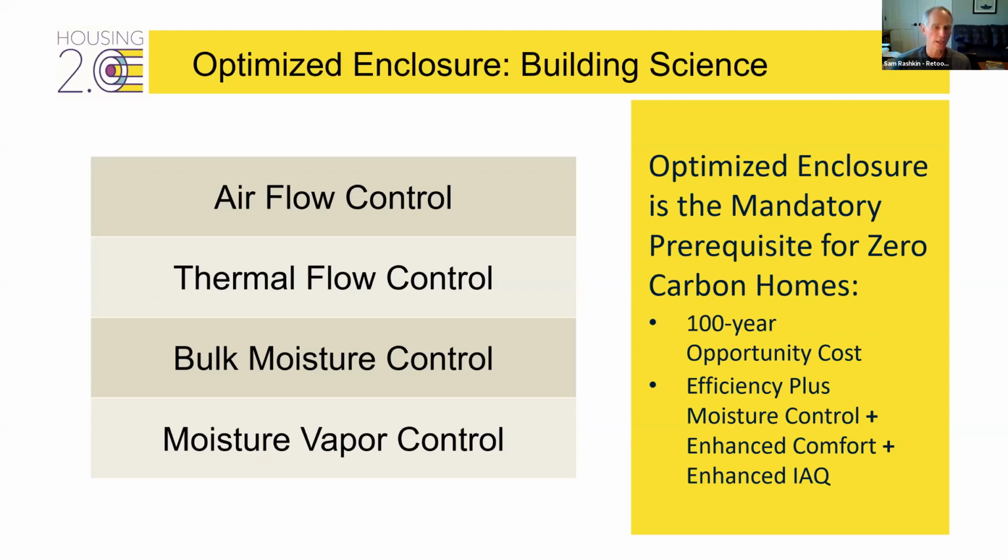We can't change the insulation, the air tightness, the moisture control layers easily. We have to get this right. And the other reason is that with optimized enclosures, we get energy efficient performance when we particularly optimize a thermal control layer. Plus we get the critical moisture control, and we start addressing the comfort risk and the air quality risk. So this is where you begin.